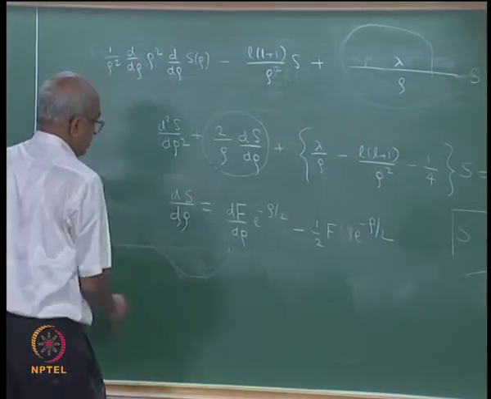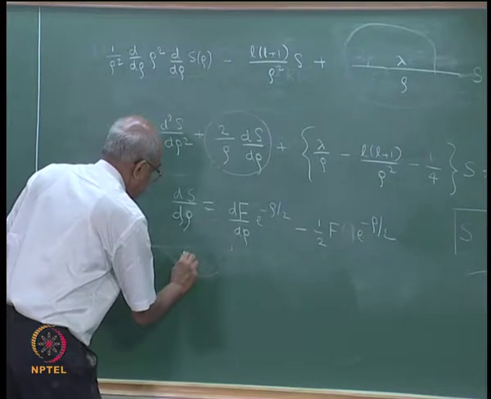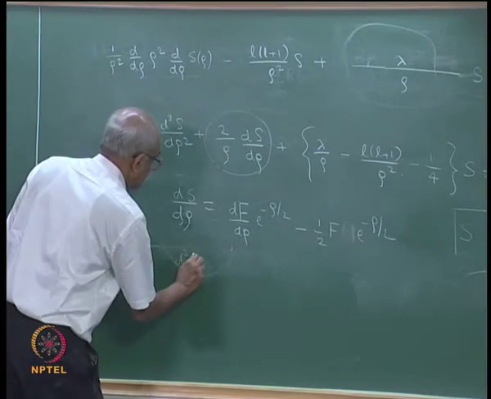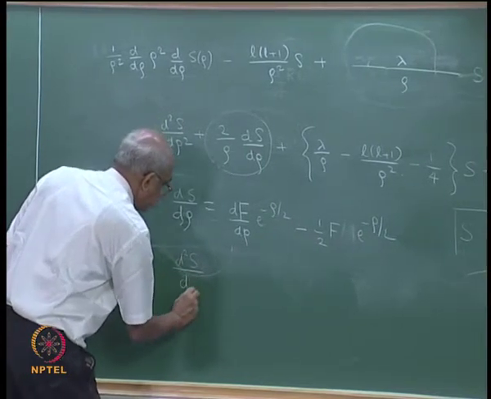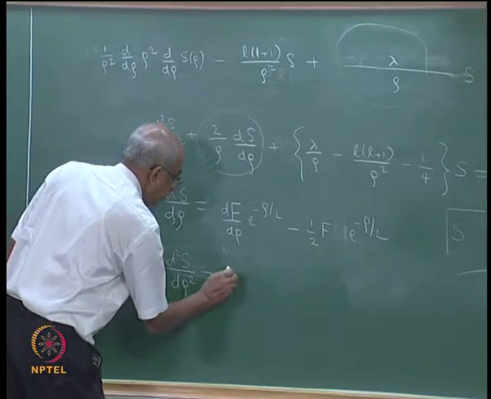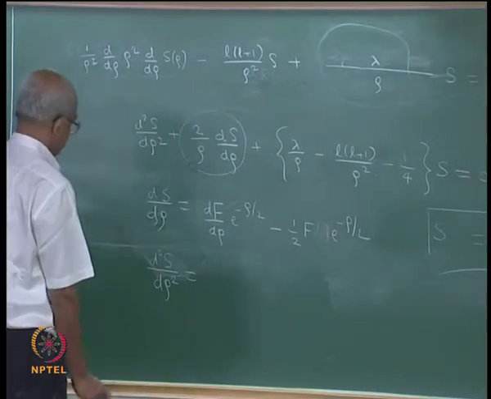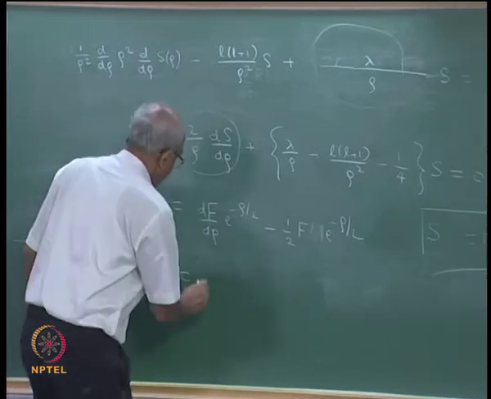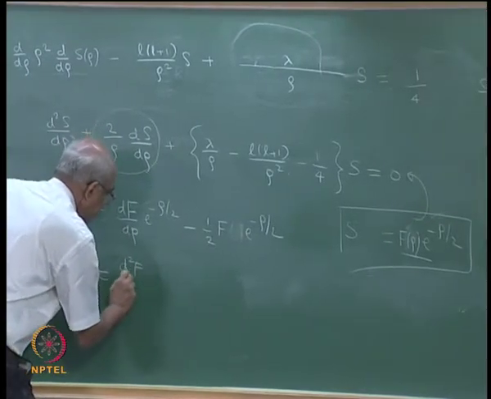I will need the second derivative, so I am going to have d square S by d rho square. What will that be? Well, you have to take the second derivative of this. Let me very quickly write it.